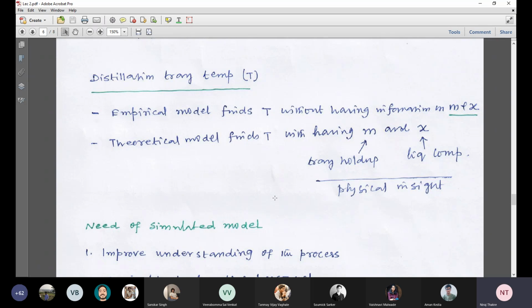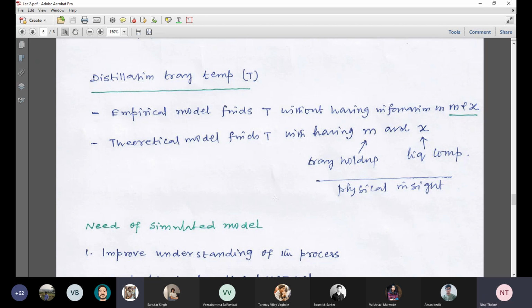I mean, you were saying validation? Yes, sir. See, validation you are doing for your model. You are checking whether your model is correct or not. That's why you are going for validation with experimental data. But this is not really the direct answer to my question. You are validating your model to check its accuracy. But my question is why we need the simulated model?